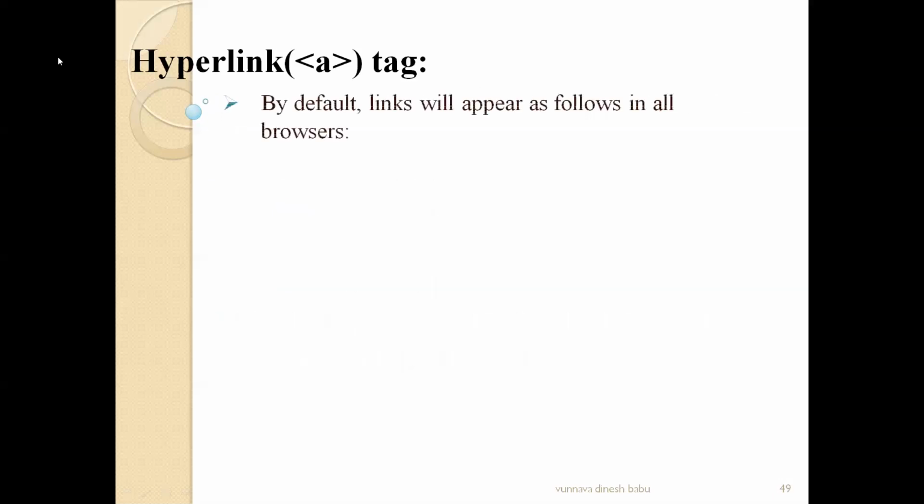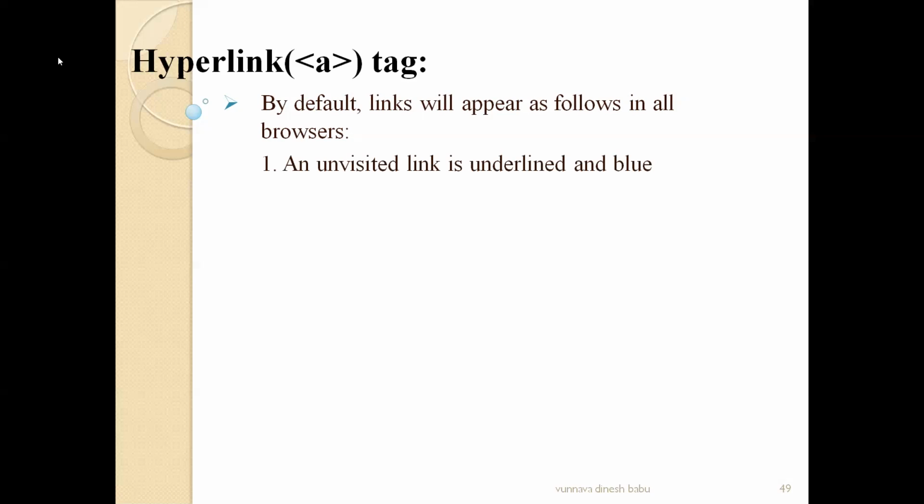Okay. So by default, links will appear as follows in all browsers. Whenever we create a link by using HTML, that particular link on any web browser will appear as, let us see, an unvisited link is underlined and blue.